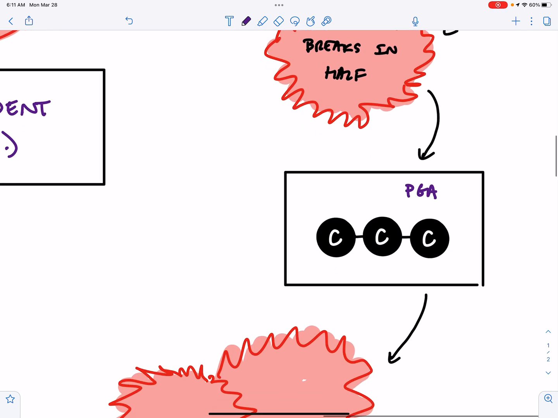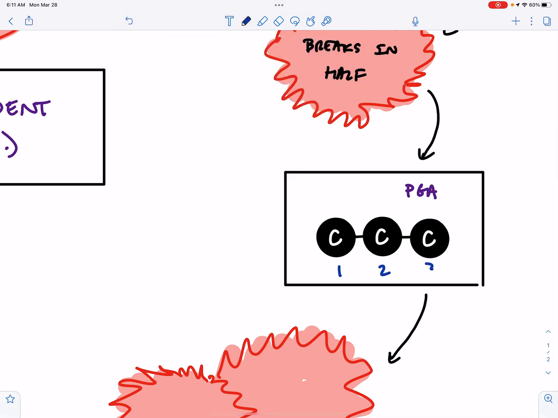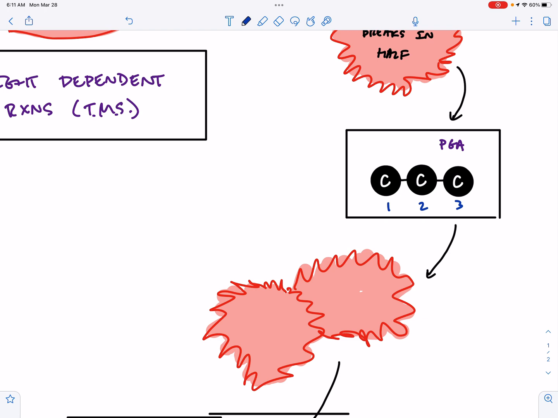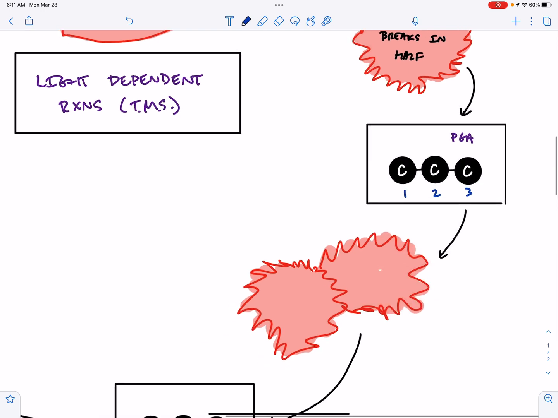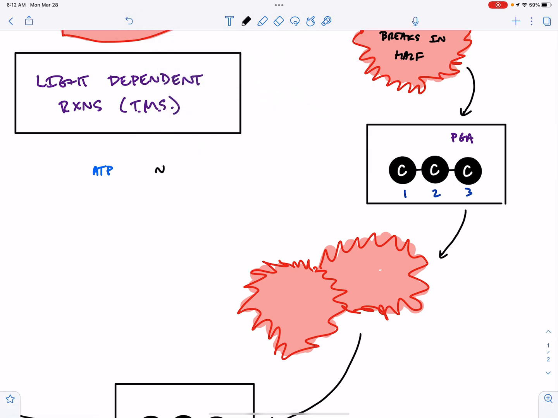1, 2, 3. This 3-carbon compound is not very high energy, and so in order to charge it up, there are a few things that have to happen. We've got to donate some ATP to it, and we've got to donate some NADPH to it.